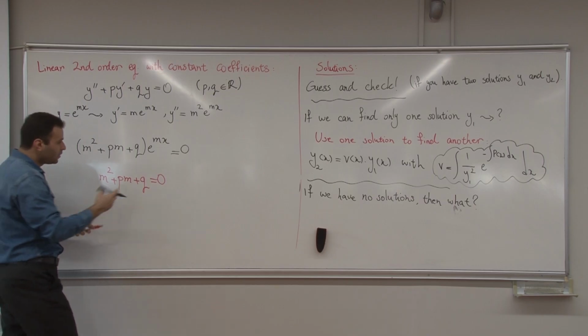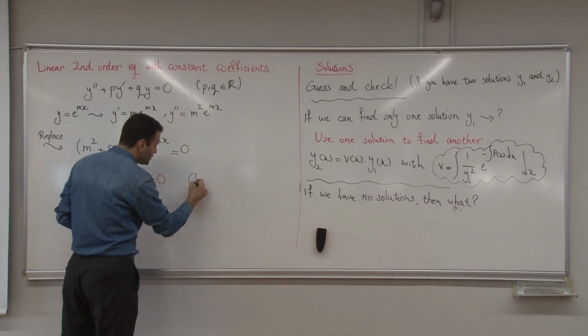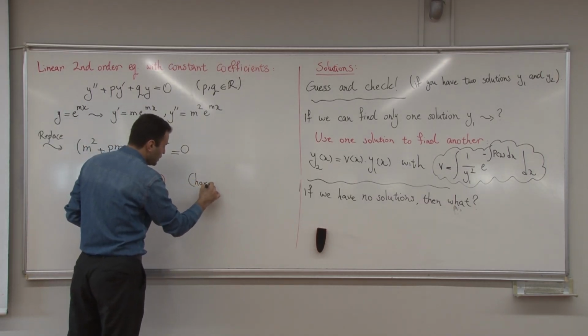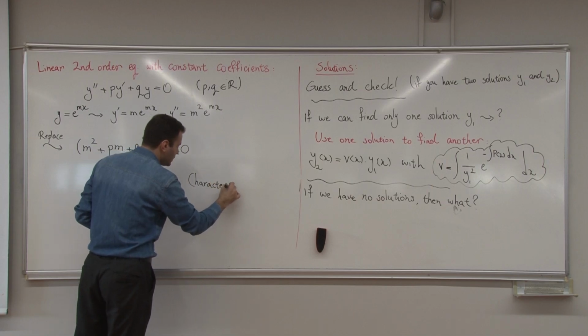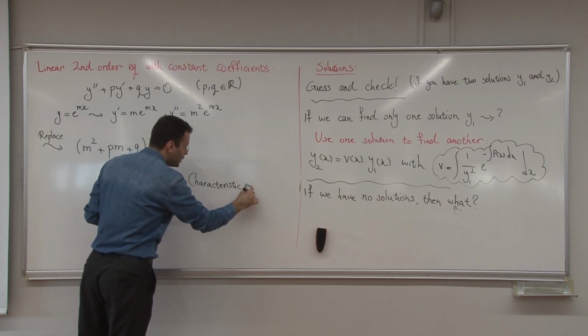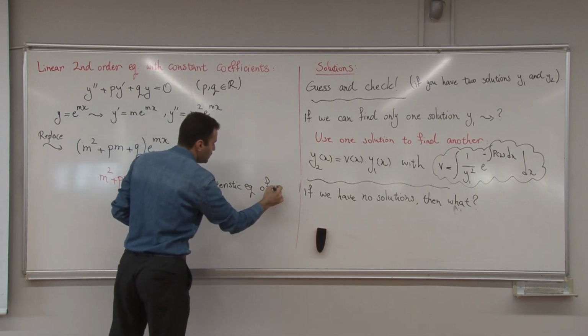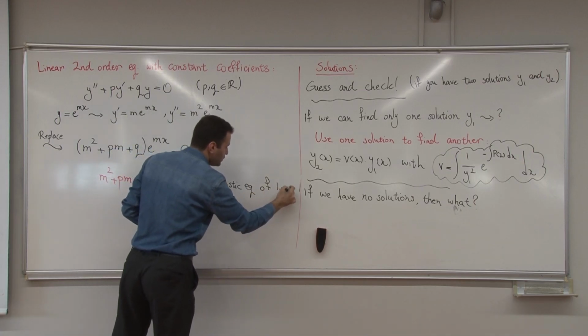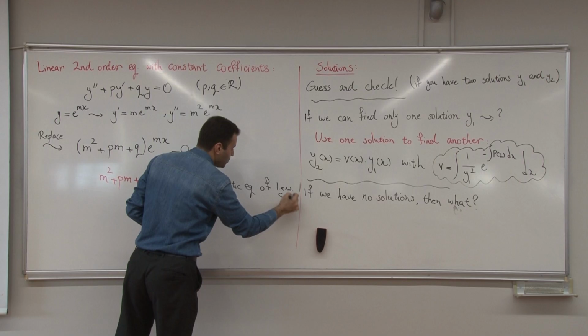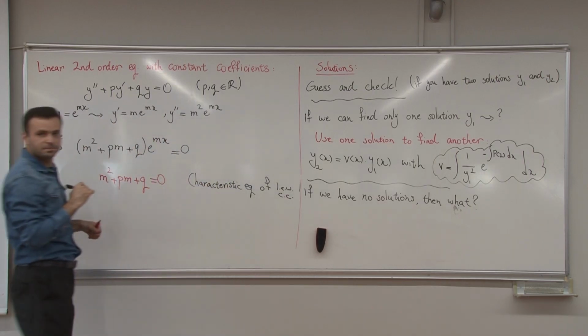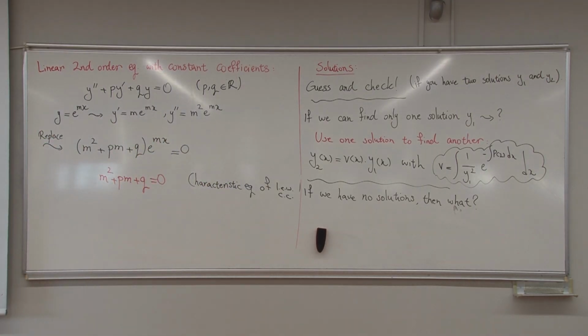We call this the characteristic equation of a linear equation with constant coefficients.